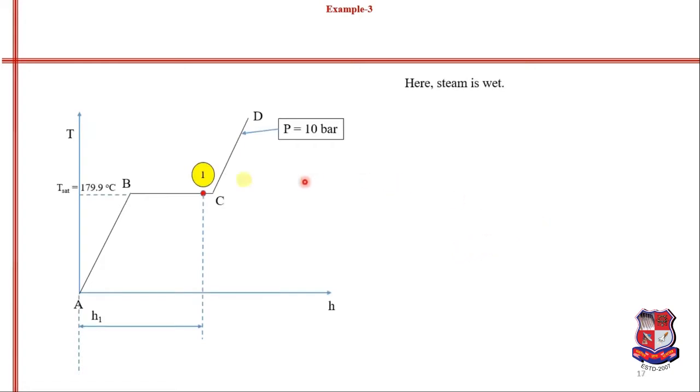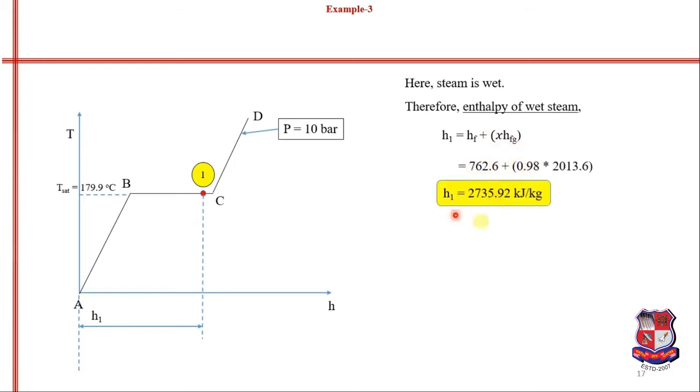So now, as we know here steam is wet, therefore the enthalpy of wet steam is given as H1 equal to HF plus x HFG. Just insert the data, and we can find H1 is equal to 2735.92 kilojoule per kg.